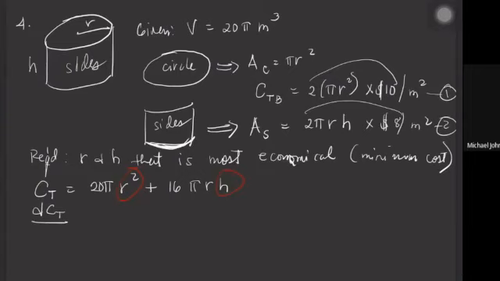We have to represent either the height or the radius in terms of the other one. My suggestion is to represent the height, to be more convenient to solve the equation. Represent the height in terms of r rather than r in terms of height because the r is being squared. What do you think?